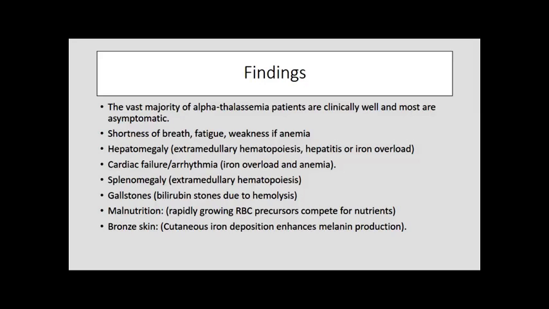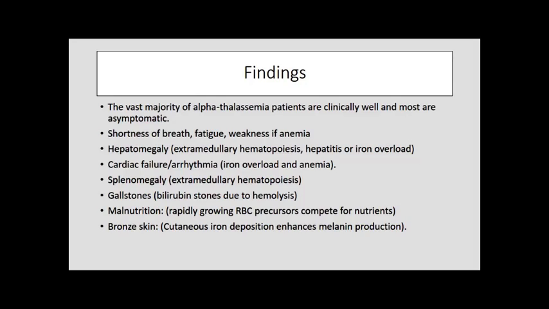If they are producing blood cells in other tissues, okay, outside the bone marrow, if they have what is called extramedullary hematopoiesis, they are going to have hepatomegaly, they can have splenomegaly. Okay? Hepatomegaly can be explained not only by the extramedullary hematopoiesis, also because of hepatitis or because of iron overload.